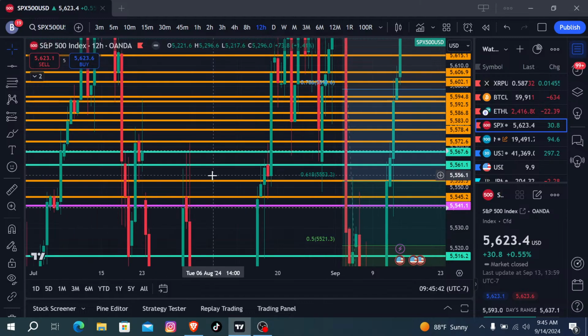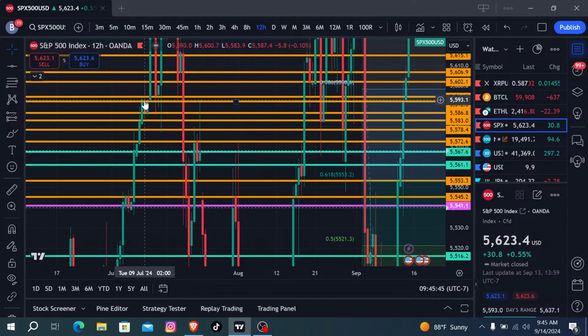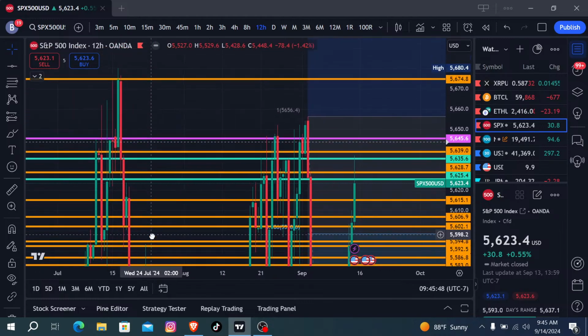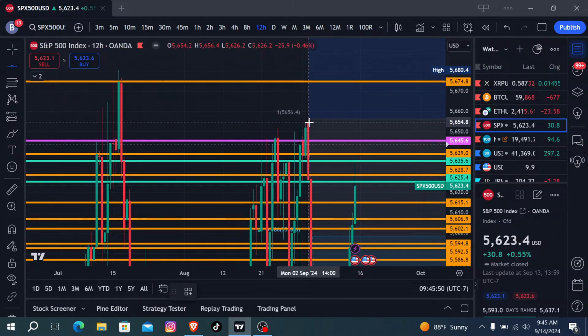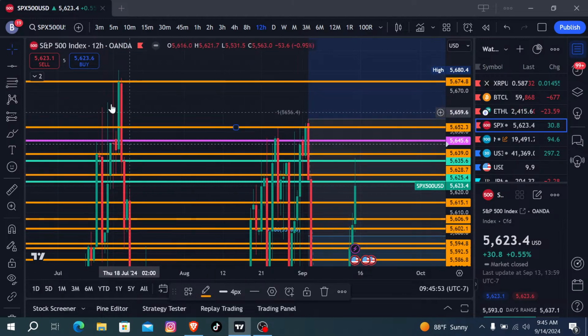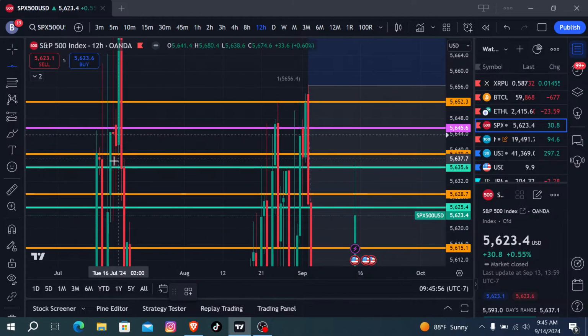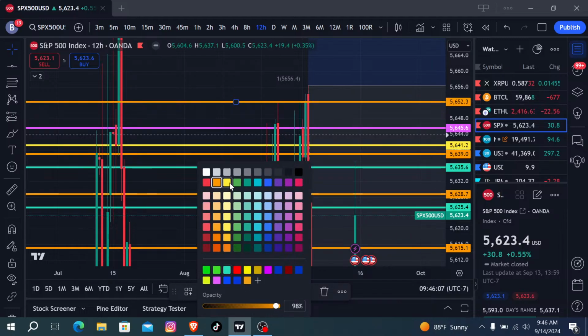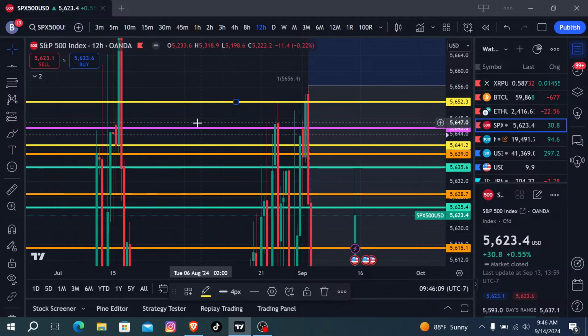If anything, you got this, you got that, you got this right here. The 12-hour candle is yellow.